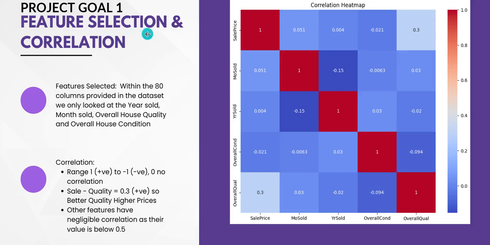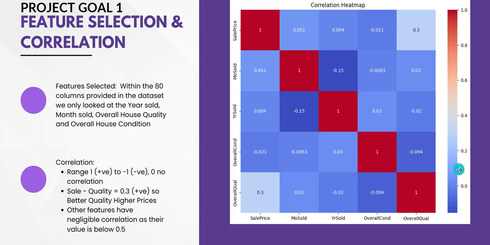As you can see here in the feature selection and correlation, the 4 features that I selected were year sold, month sold, overall house quality, as well as house condition. So I created a heat map, right? The way to understand a heat map is by looking at the range. If it's 1, it means that it has a positive correlation.